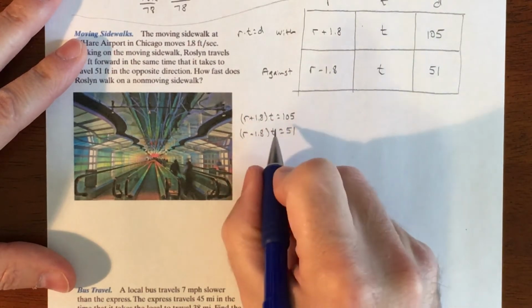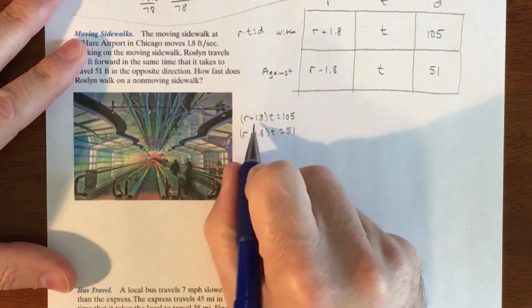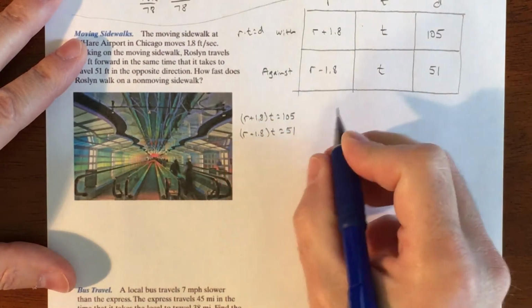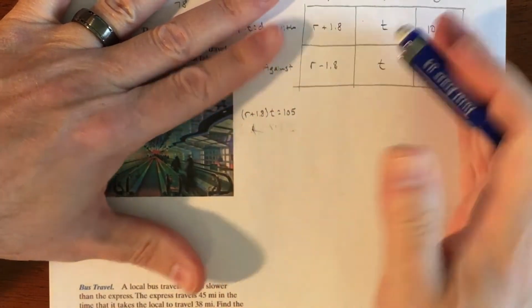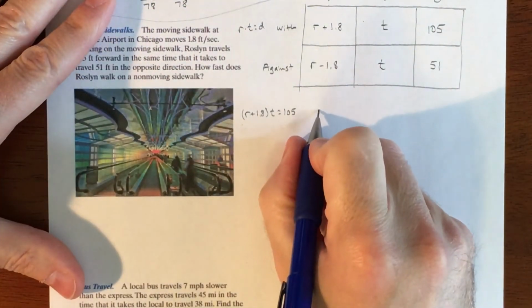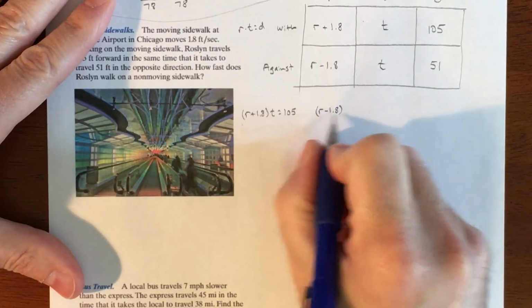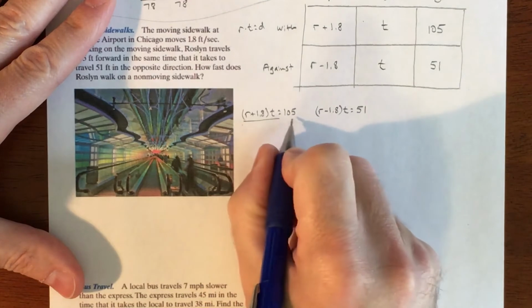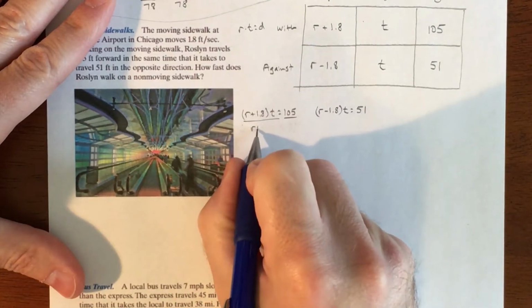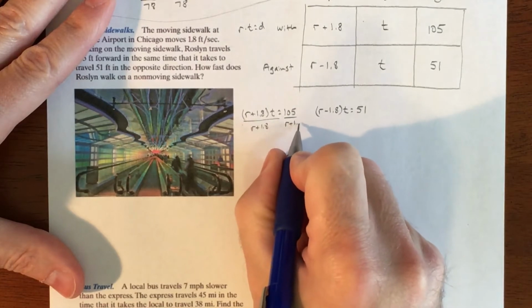Let me show you what we got. On this equation, what you can do is solve for time. So I'm going to divide this piece over. Let's go rate plus 1.8 times time equals distance. So I'm going to divide both sides by r plus 1.8.